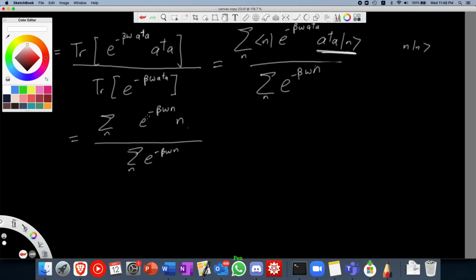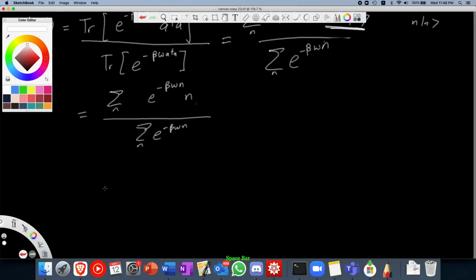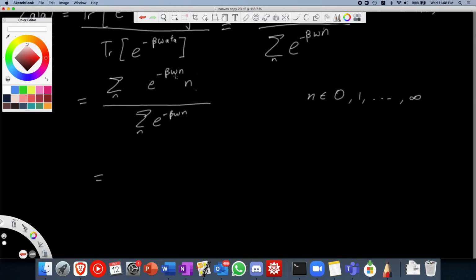Okay. So what is the numerator over the denominator? The numerator seems a bit difficult to do, this sum where the n goes over all the integers, so it goes from 0, 1 all the way to infinity. Yeah, but this is a bit challenging, so let's do something a bit smart.